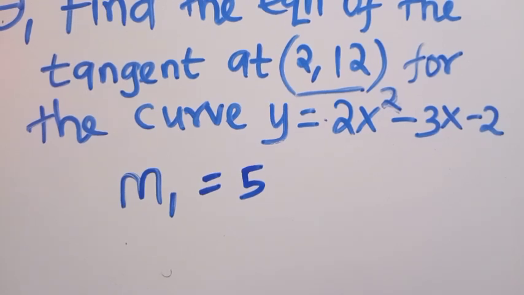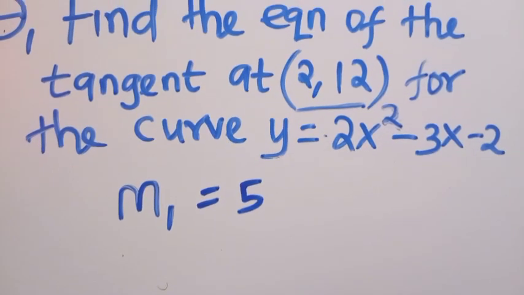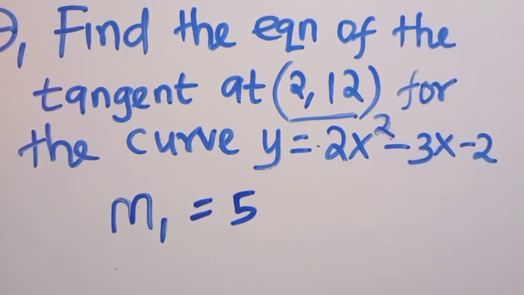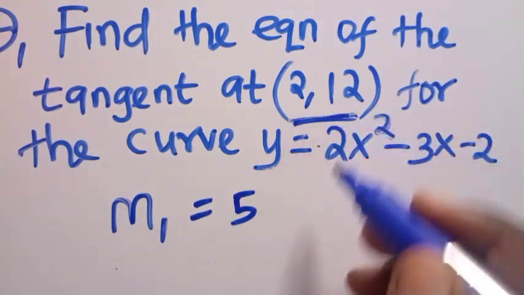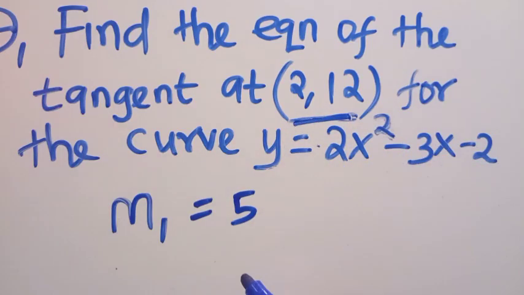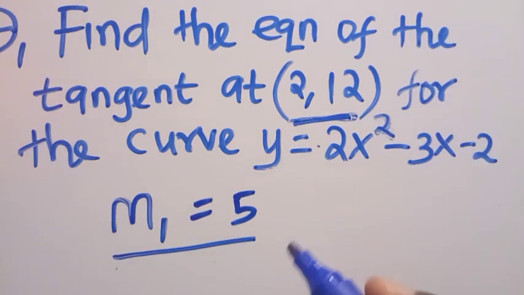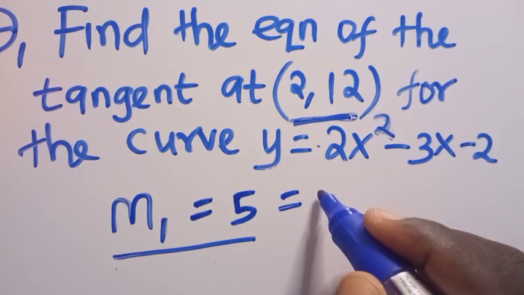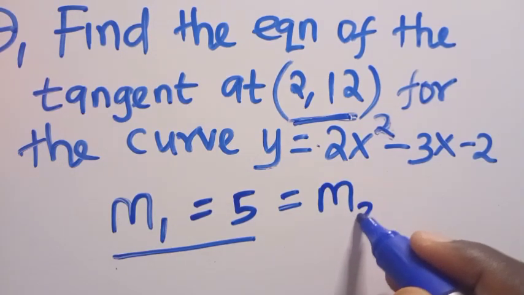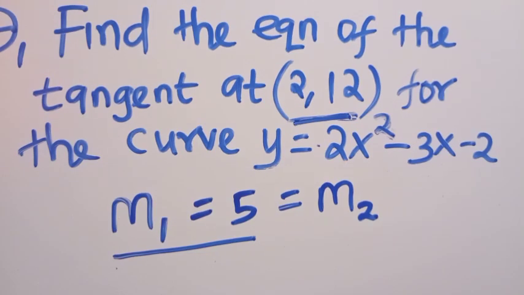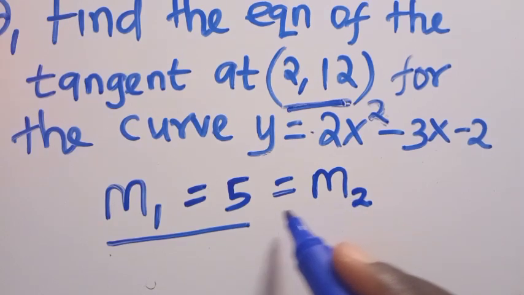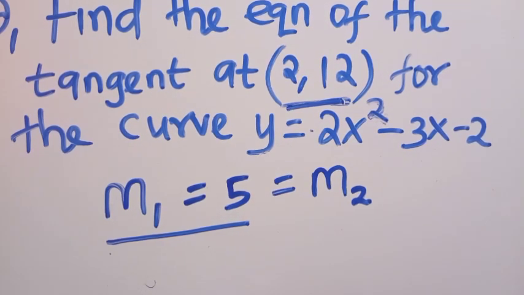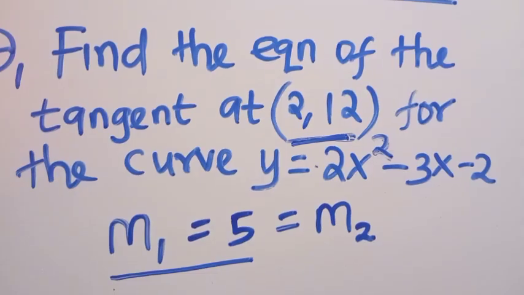I have said that the gradient of the curve is the same as the gradient of the tangent to the curve at a given point, and this is the point that we have been given. Let's say the gradient of the tangent is m2. We can say m1 is the same as m2, which is 5. Therefore, the gradient of the tangent is 5.